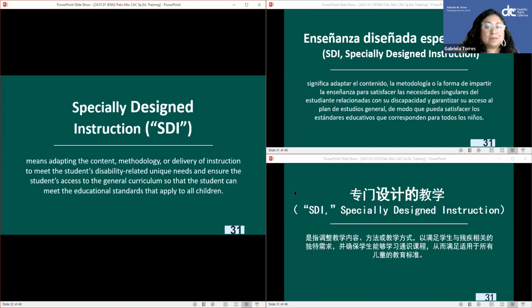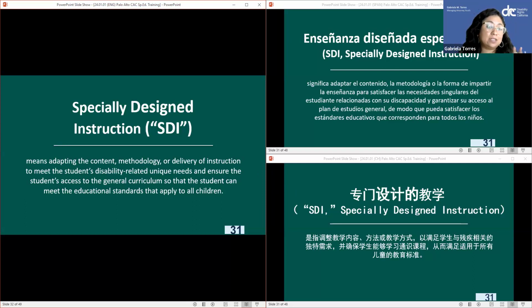Yeah, so specially designed instruction, we do have the actual definition of what it is. But the really unique thing about IEPs is that they are individualized educational programs, which means they are individualized to each unique student. So no IEPs are the same.